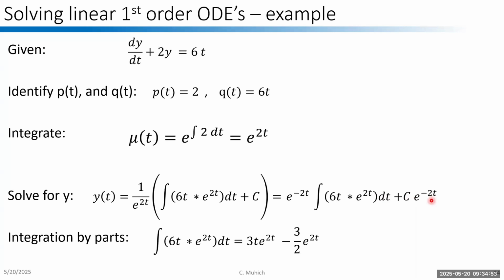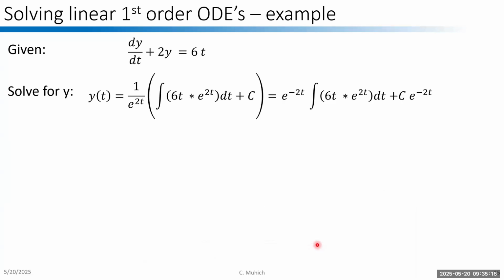We can now employ integration by parts to find the equation form of this integral piece. Using integration by parts, we end up with 3t e to the 2t minus 2/3 e to the 2t. Okay, so here we have that integral set.